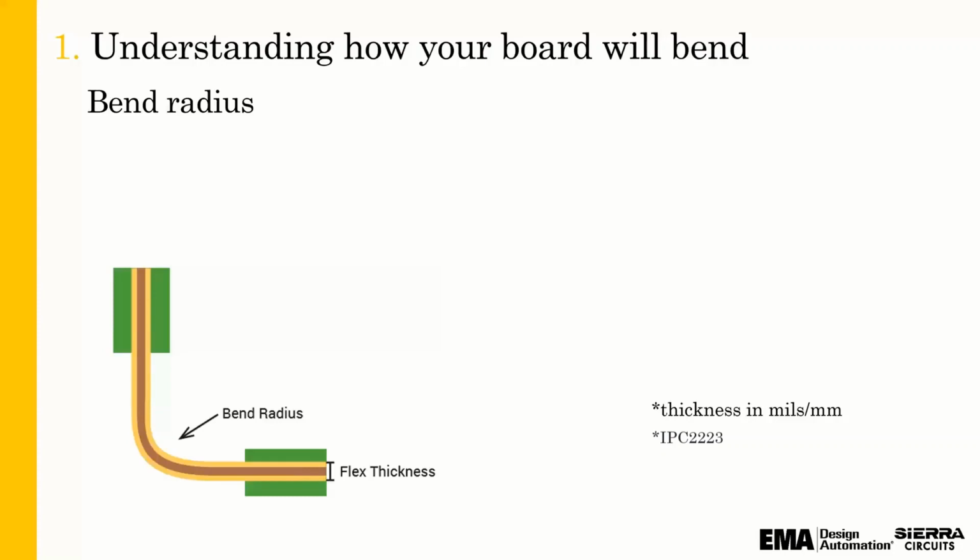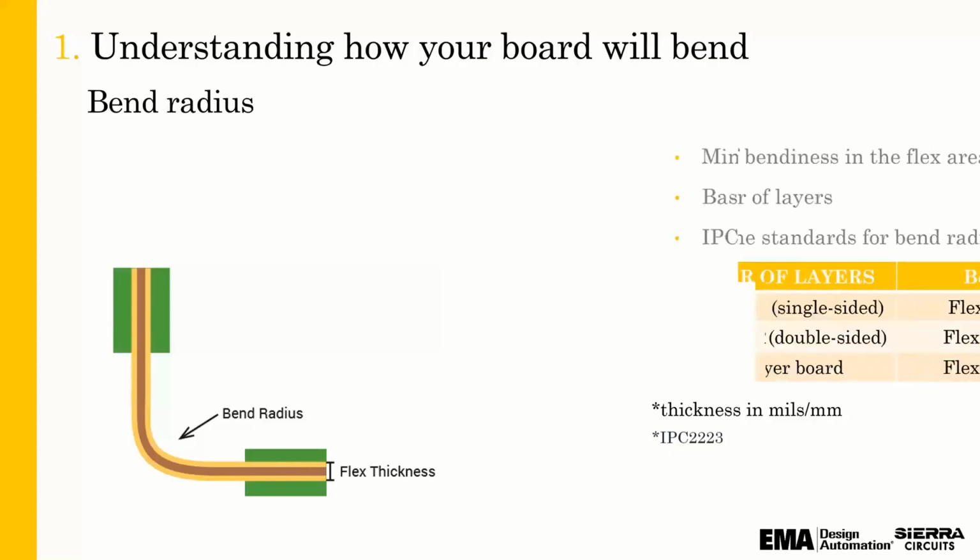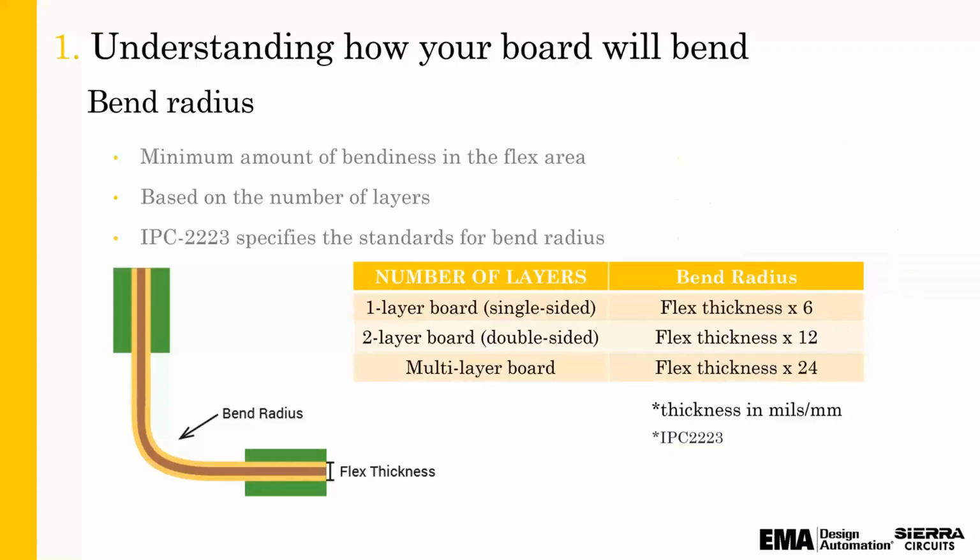If you have a multi-layer flex board, at least the flex section of the rigid flex board, you need to really consider the flex thickness times, probably about 15 is your minimum bend radius. It says 24, but there's some leeway there.